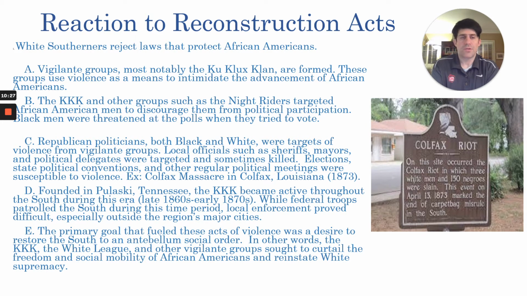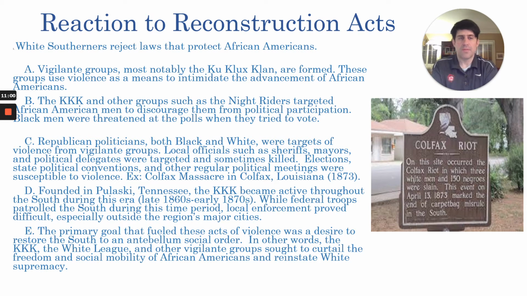If you look at the picture on the right-hand side of this slide, you'll see the marker that denotes the site of the Colfax riot. We'll get into this a little bit later this week in Wednesday's lecture when we talk about the Lost Cause, and how this era of the Civil War and Reconstruction was memorialized by white Southerners after Reconstruction, how they sort of reclaimed the narrative.